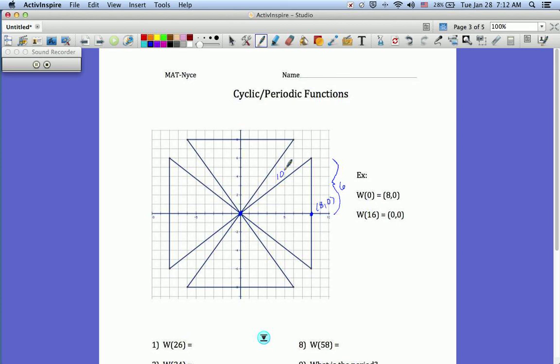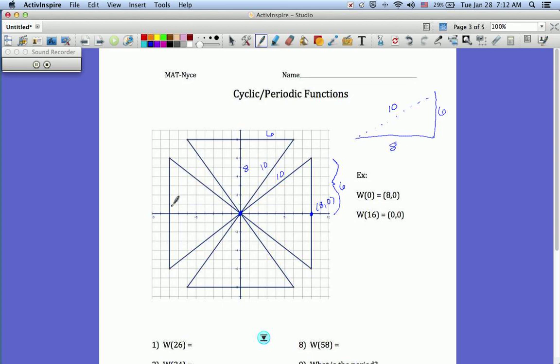So we can either trust that it's 10, or we can use a little bit of math here. If this is 8, right? This distance right here is 8. We counted this to be 6. Pythagorean theorem says this is a 3, 4, 5 triangle doubled. 3, 4, 5 doubled is 6, 8, 10. This one here is 1, 2, 3, 4, 5, 6 by 8 by 10.